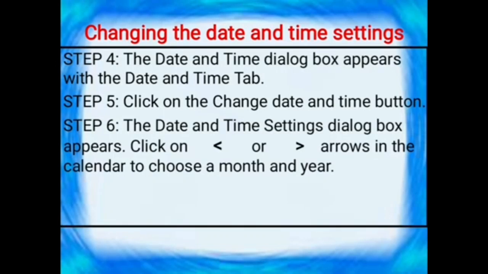The next one, the Date and Time Settings dialog box appears. Click on the greater than or less than arrow to choose the calendar month. For example, you need October or November, you have to choose that one.